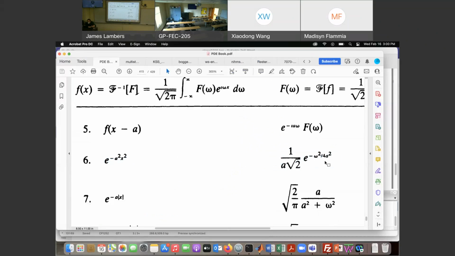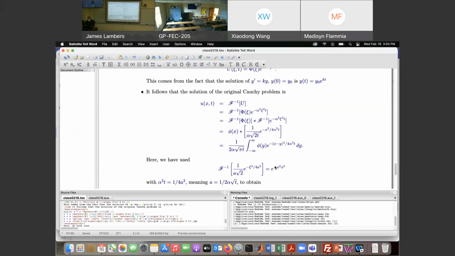I want to find a way to fit this rule to my situation. Based on what the table tells me, if I have this function, I know the inverse transform is e to the minus a squared x squared. But I don't have this.